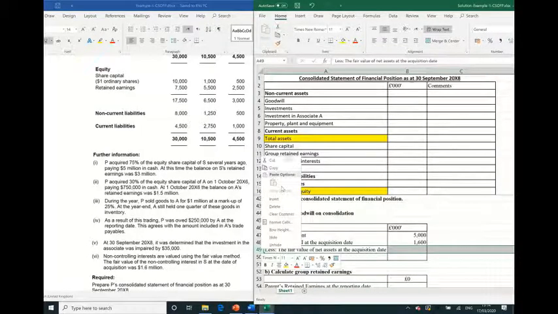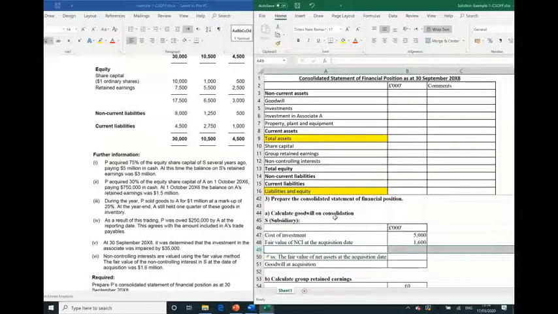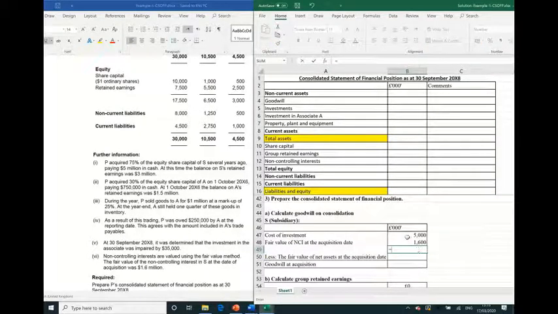And this is the total value of the subsidiary, which is 6,600,000. Excluding from the value of the subsidiary is the fair value of net assets at acquisition date.